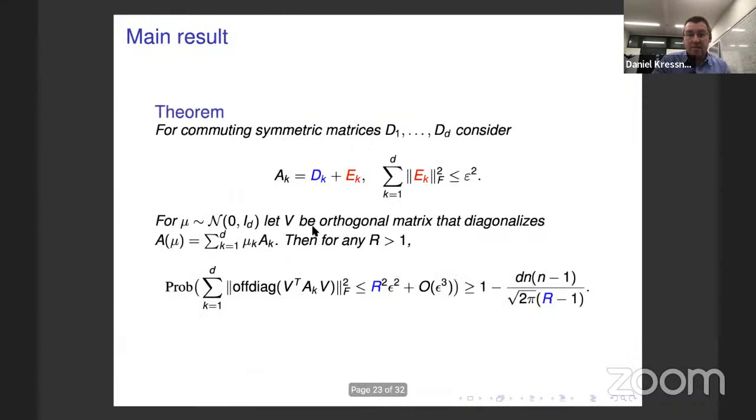Let me emphasize something about the main result, which I forgot: because of this dropping out of the gaps, you're not seeing a gap here. So this first order term is independent of any gaps, any properties of AK, except maybe for n, but there are no gaps here, unlike previous results.